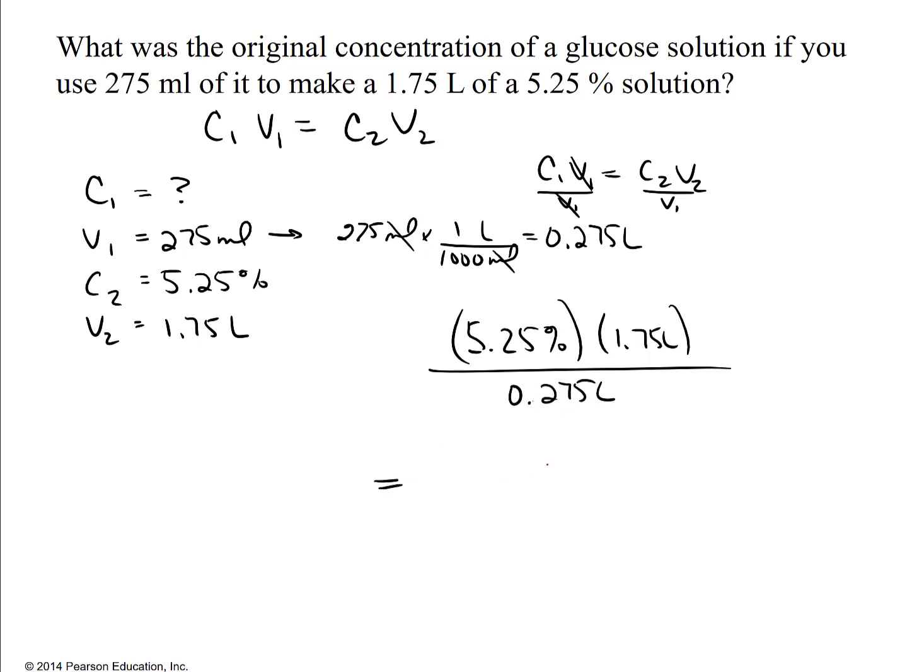I got 33.40909090991%. To what? 3. So keep the 3, the 0.4, and the rest of it goes away. So 33.4%.